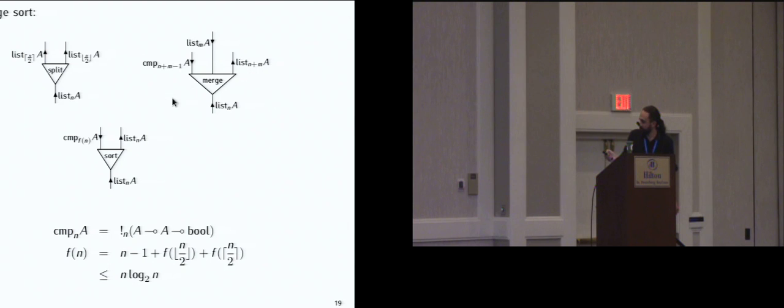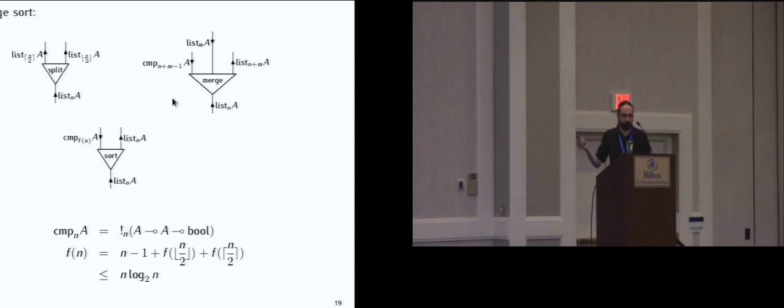In particular, just the fact that everything type checked correctly proves that merge sort makes only f of n calls to the comparison function, and f of n is exactly this thing. It's approximately n log n.